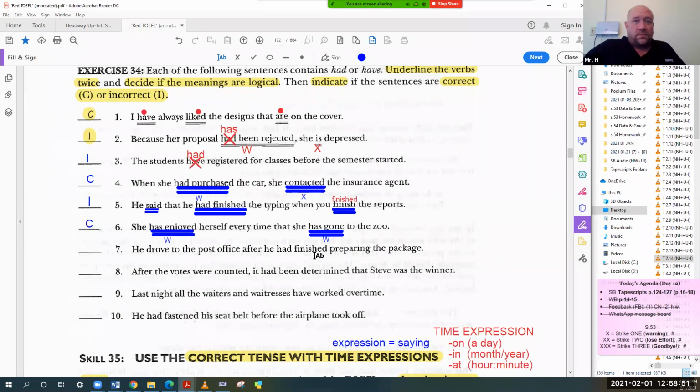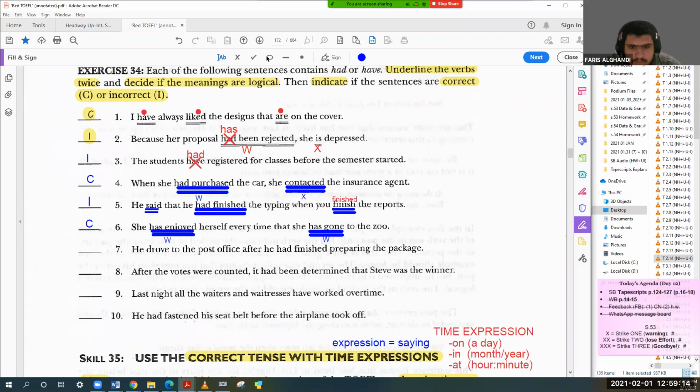You could use either one. You could say been: every time that she's been to the zoo, every time that she has gone to the zoo. Now, normally in Headway, they teach you if you say I have gone or he has gone, then that means they didn't return.